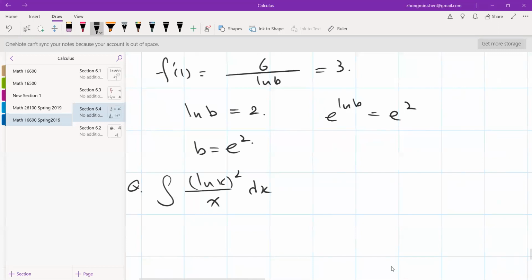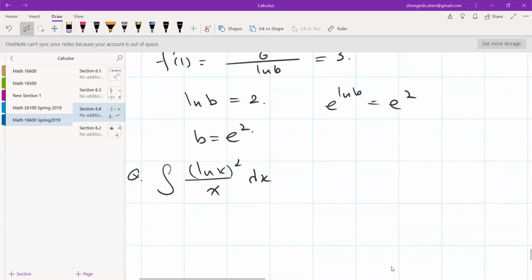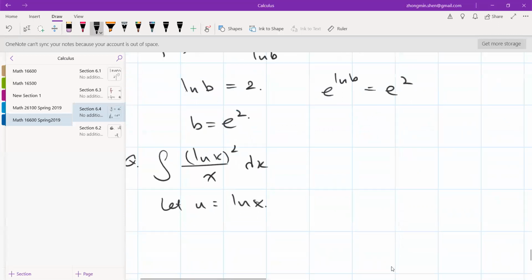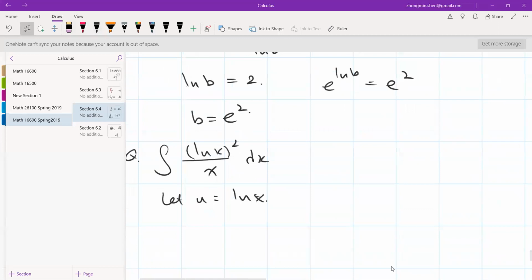Okay. And later on, you're going to study so-called integration by parts, all kinds of things. But for this particular problem, the most natural idea is to use a substitution. Let u be natural log of x, so du is 1 over x dx, right?